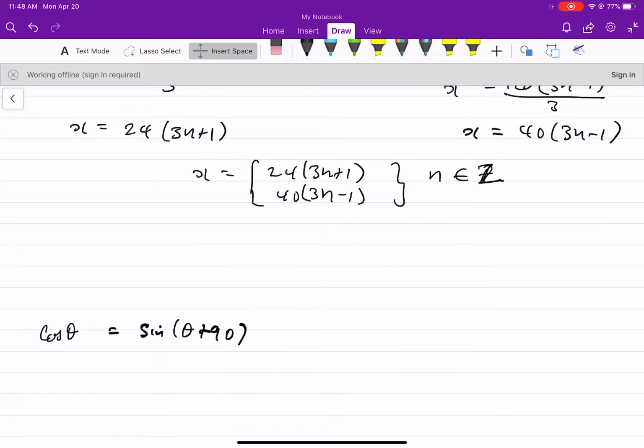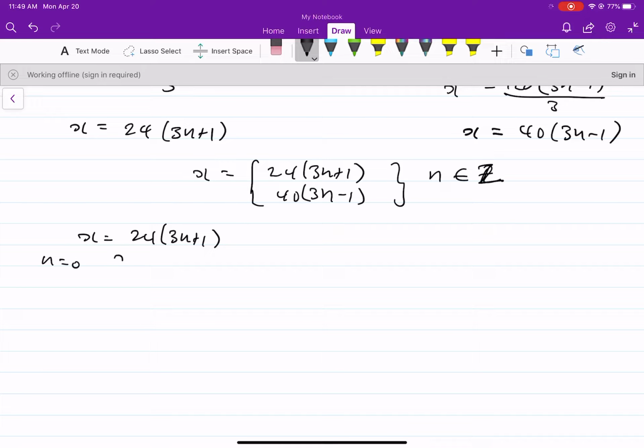And I have a feeling that, depending upon the value of n that you plug in, that will give you the same solution set. So let's see. Into the first one, I'll start with n equals 0. When n is 0, x is 24 into 0 plus 1, which is 24 degrees.